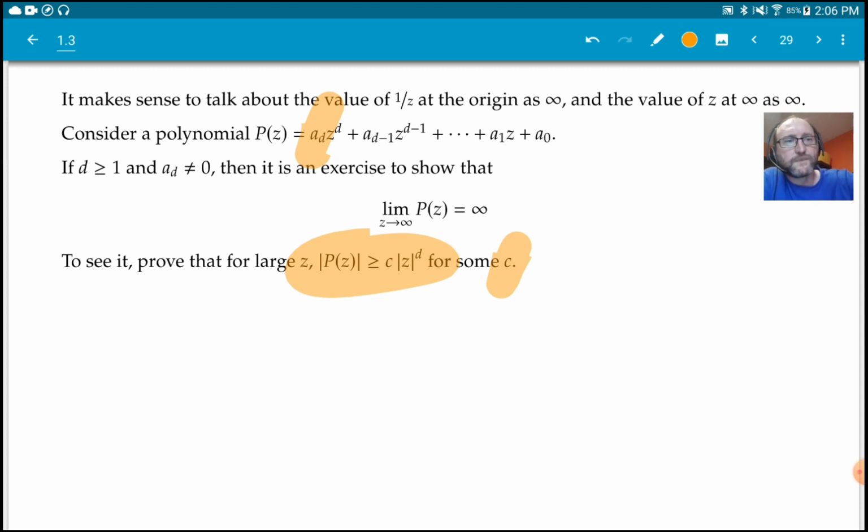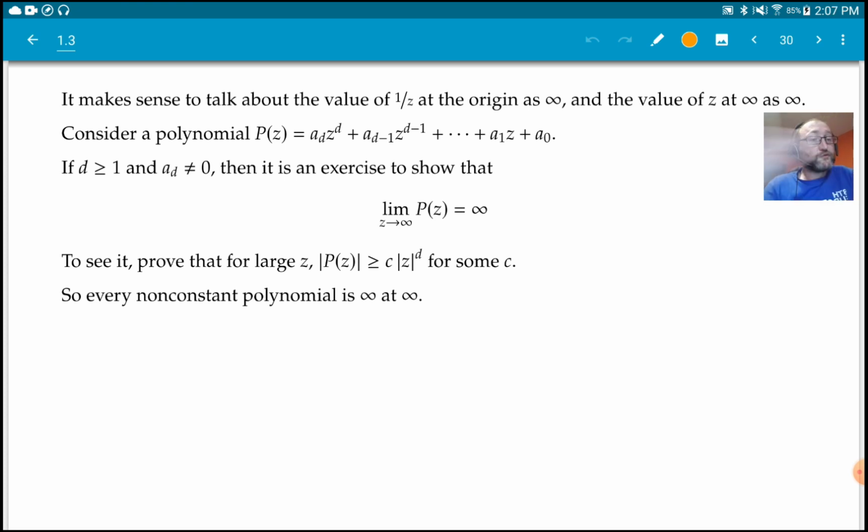It's going to be for large enough z, not for all z, because p might be 0 somewhere. But once z is large enough, you get this, and that's all you need for showing what happens as the limit goes to infinity.